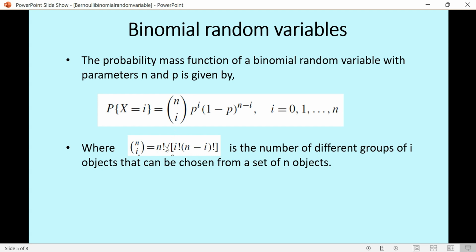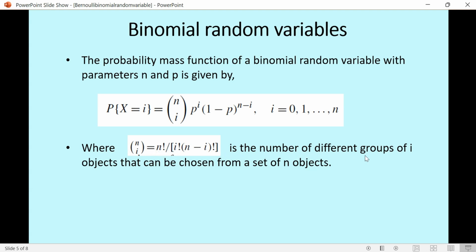Because we just focus on the number of i successes, for the n trials these i successes can be placed in different locations among the n trials, right? It can be first, second, third. So there are that many different ways of placing i successes among n trials. This is the combination, and its calculation is n factorial divided by i factorial times n minus i factorial. For example, n factorial is 1 times 2 times 3 up to n, the product of these together.